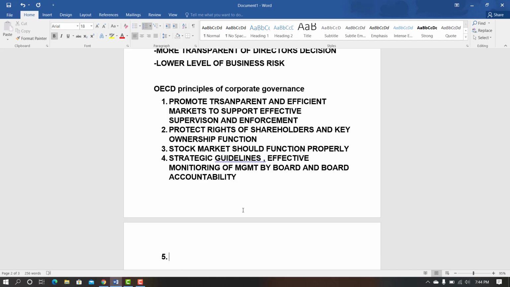Fifth point is recognize the rights of stakeholders for creation of wealth, jobs and sustainability.